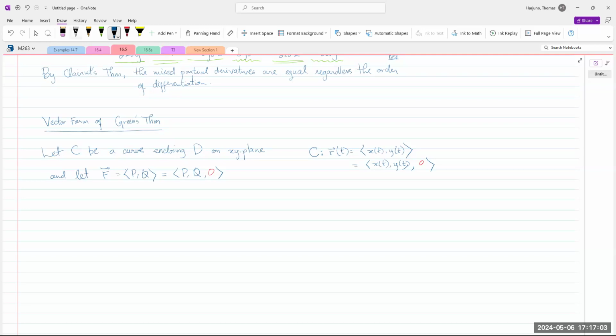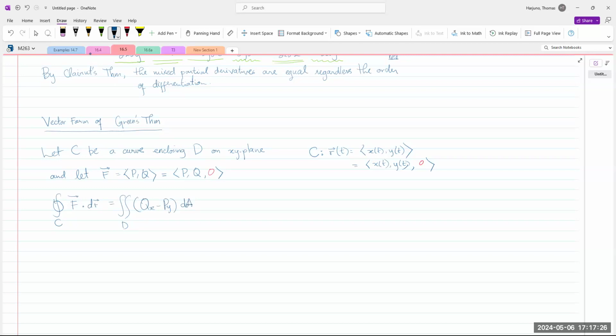Okay, now you will see we can rewrite our integral over the closed curve C of F dot dr. Originally it was supposed to be the double integral over D of Q sub x minus P sub y dA, right?